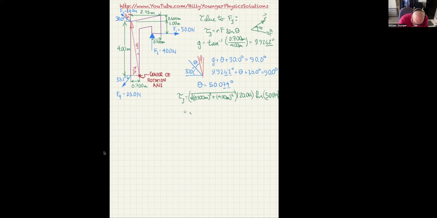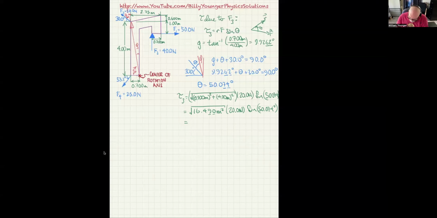So I'm going to say square root of 16.490 meters squared times 20.0 newtons times the sine of 50.074 degrees. Now we can do that. I'm going to take the square root of 16.49, and that gives me 4.06.